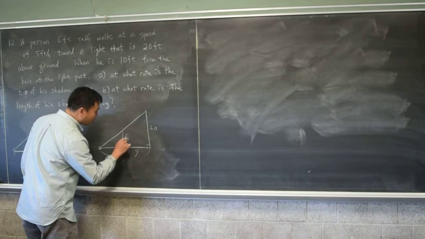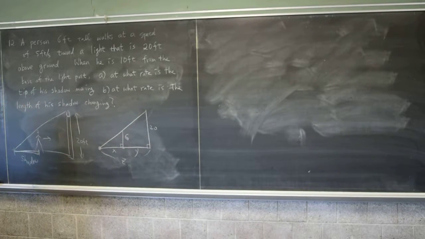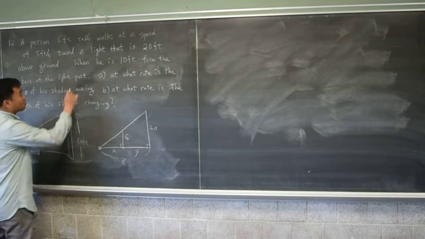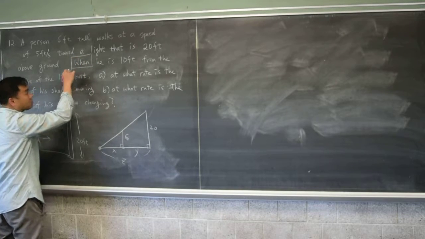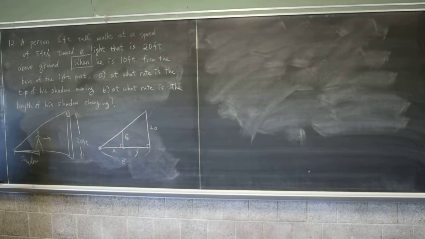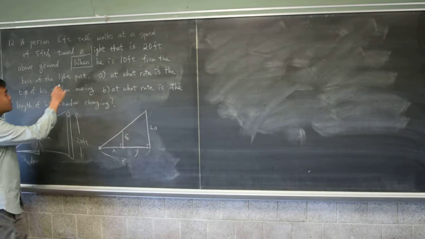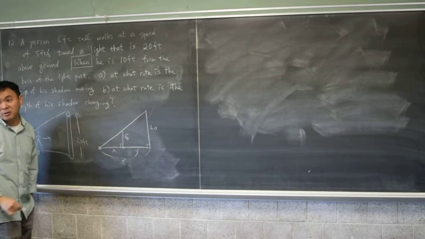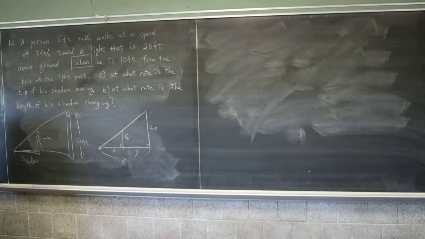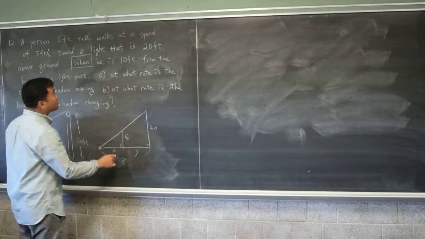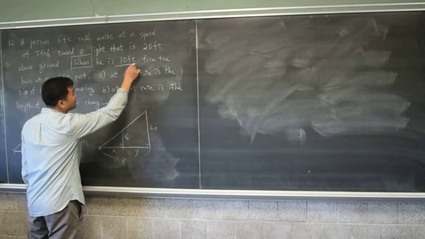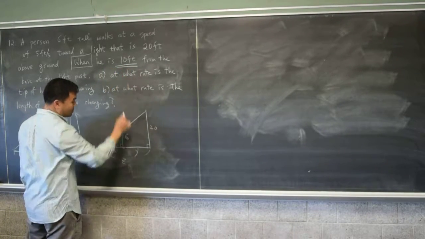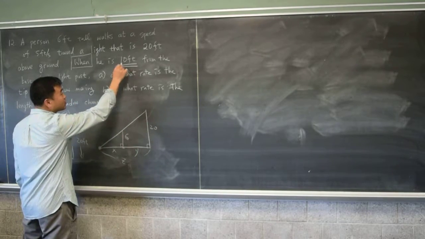Another really important thing that you have to know is that I talked about this word "when" in related rates. Whenever you see a related rates question, it's a good habit to read the question and find this word "when" and circle it or just mark it somehow. Because on the picture, this number, when he is 10 feet, when y is 10, should not be on the picture.